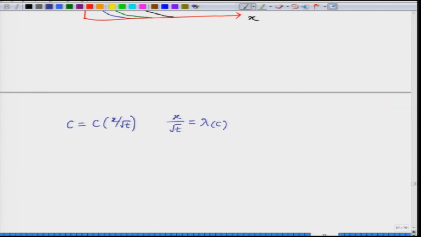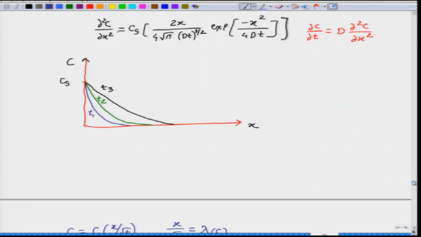What does it mean physically? If we want to track a particular concentration Ci, the depth at which the concentration is Ci at different times, let us say T1, T2, T3, and let us denote the depth at which we see Ci as x1, x2, x3 respectively.